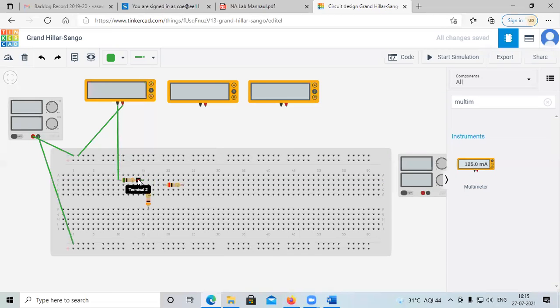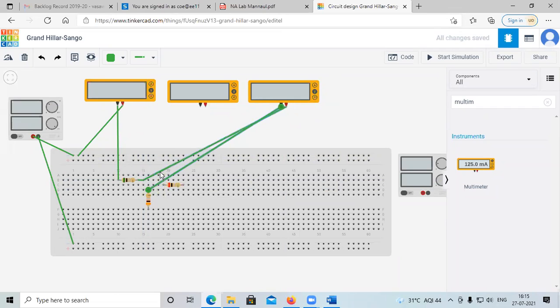We connect this resistor to one multimeter. It can be connected to the positive terminal. Then this negative terminal can be connected to this resistor. So the I3 is connected.